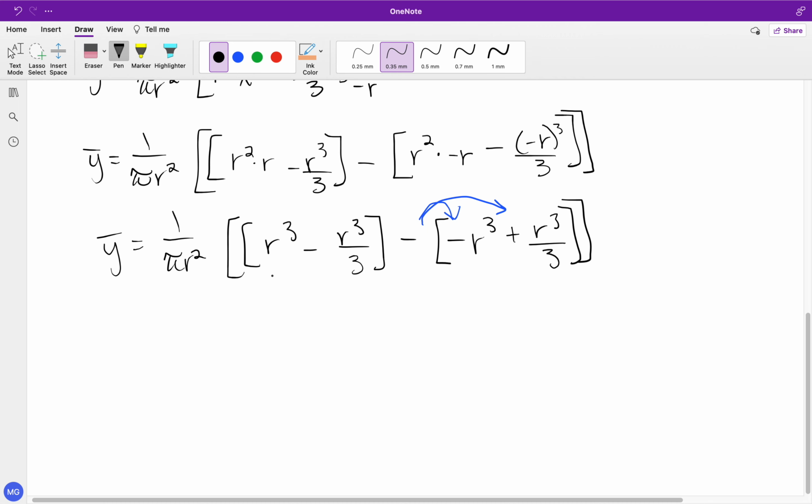And we can add the r cubed and the r cubed together. So we will get 1 over pi r squared times 2r cubed minus 2r cubed over 3.